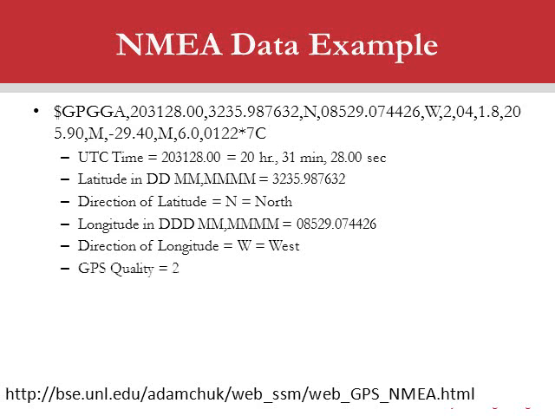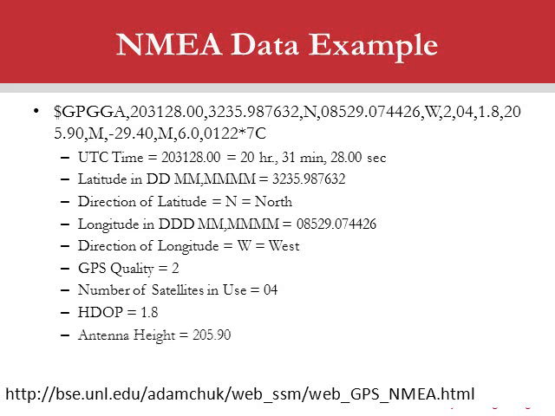Then we have the GPS quality, number of satellites in use, the HDOP of those satellites, the antenna height, and the antenna height unit of measure, which in this case is meters. And this would be antenna height above mean sea level.